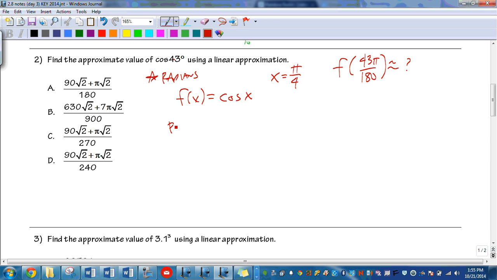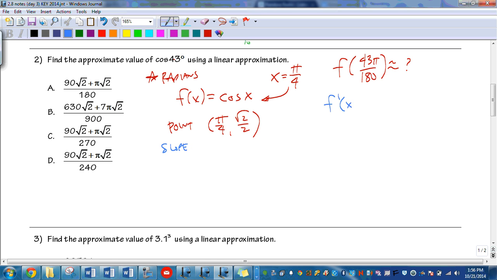So our point is going to have an x value of pi over 4. The y value we get by substituting pi over 4 into our function. So cosine of pi over 4 is root 2 over 2. Then we need to figure out our slope. We can do that from the derivative of f.